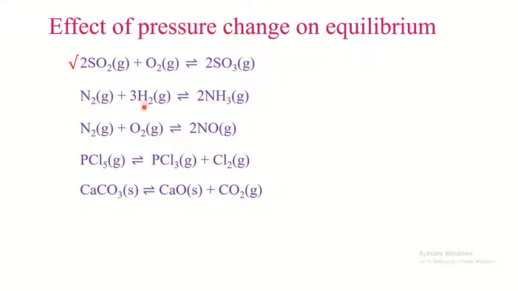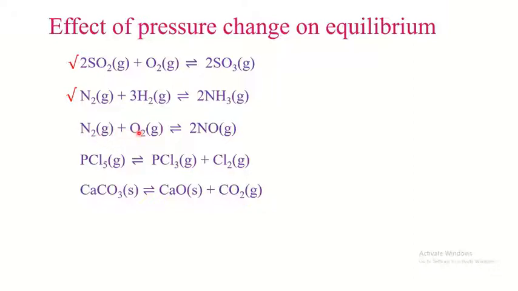Now look, in this reaction also, nitrogen, hydrogen and ammonia are all in gaseous condition. And there are a total of 4 moles reactant and 2 moles product. So here also pressure has an effect on its equilibrium. Now look at this reaction. Here nitrogen, oxygen and nitric oxide are all in gaseous condition. But there are 1 and 1.